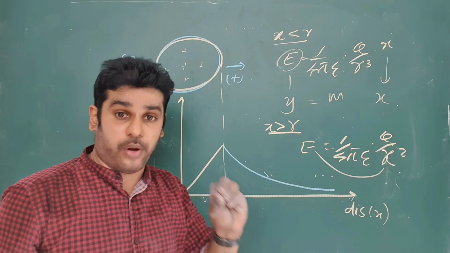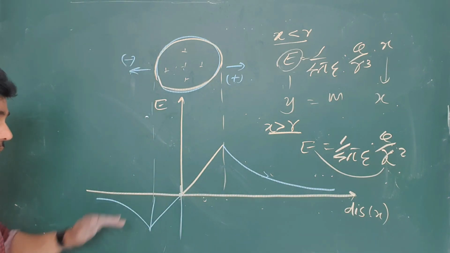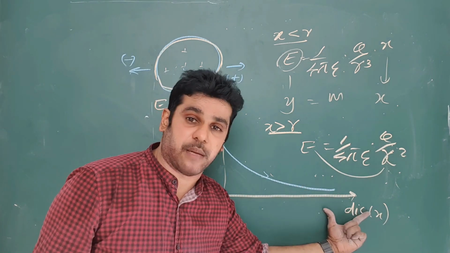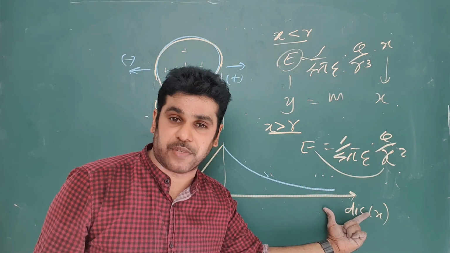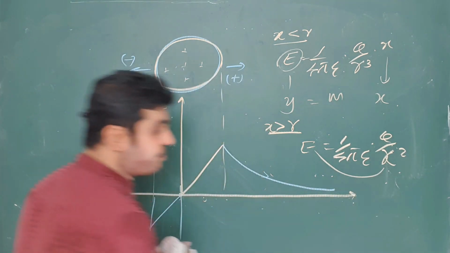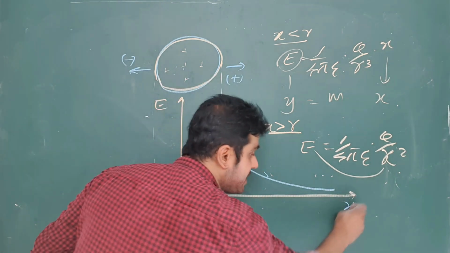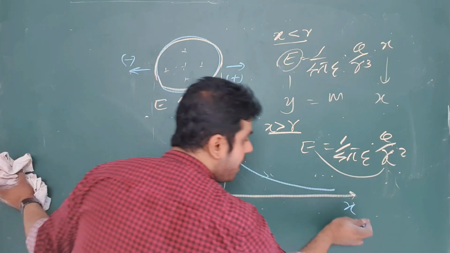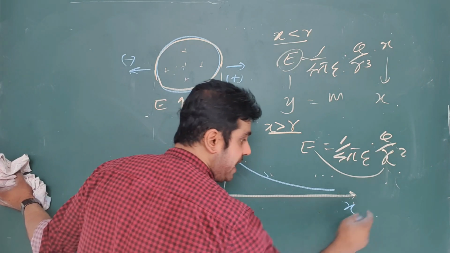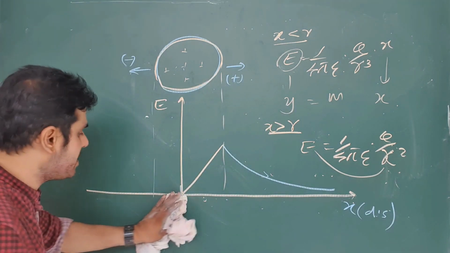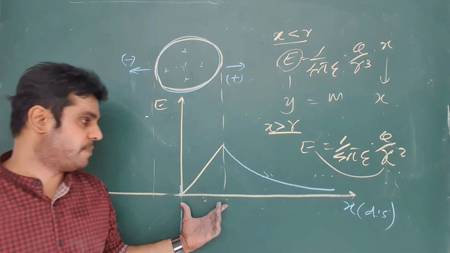But now again this is very important, I can't draw this part when I take the distance here, because the distance has no negative values. But when they ask about the variation of electric field intensity along the x-axis, I can draw this one. But if they represent this x as distance, I can't draw this one because distance has no negative values.